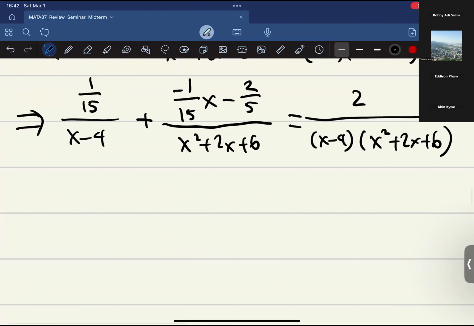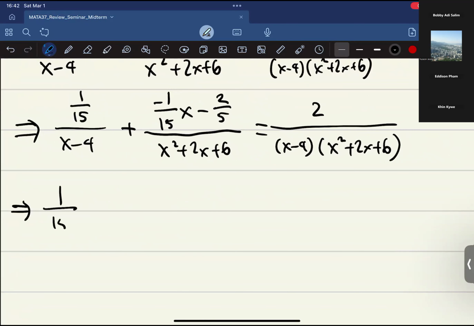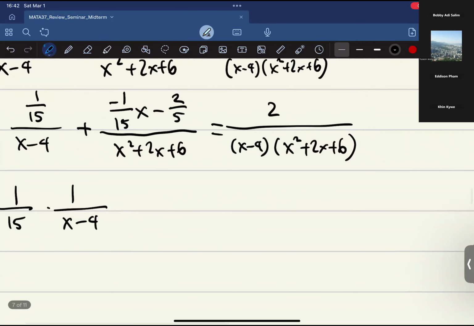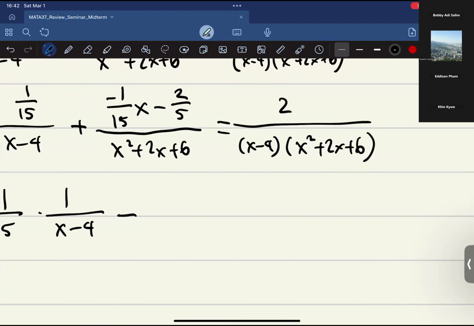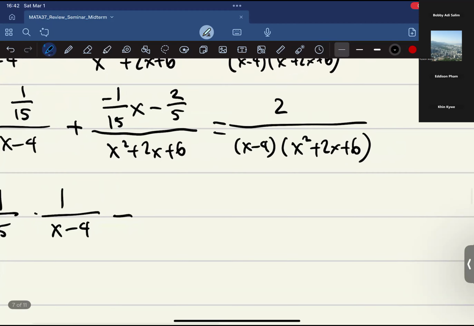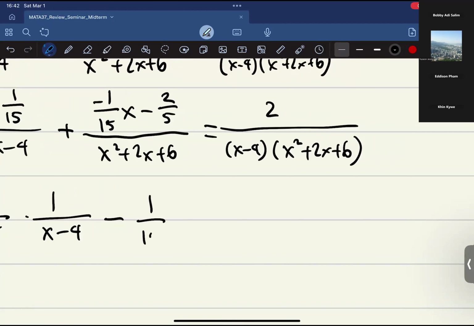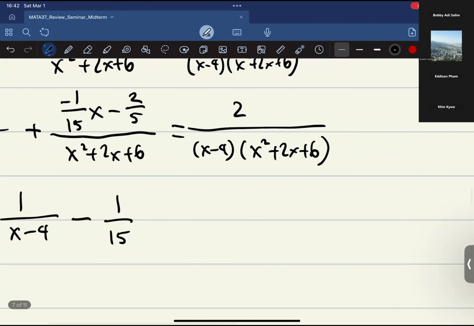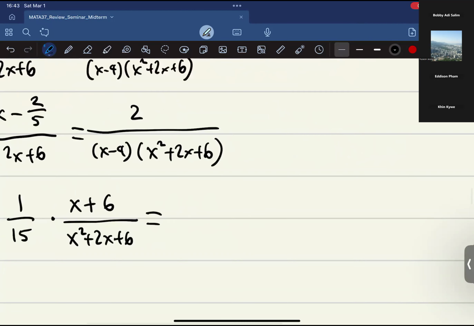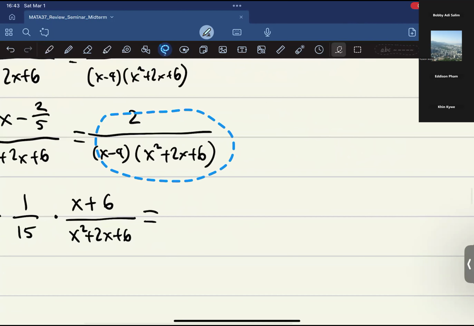And we can simplify this further. So 1/15 times 1/(x minus 4) minus 1/15 times (x plus 6) over (x squared plus 2x plus 6) is equal to this guy.